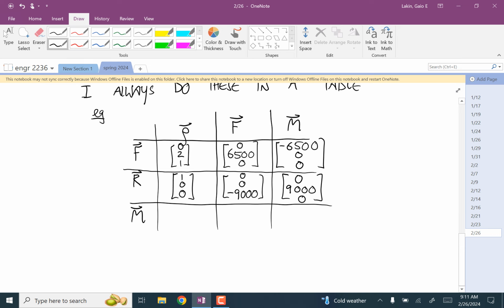And now when you're given pure moments, these are couples. Those are just moments that you add on and they don't depend on the about point. So we're going to forget about all this stuff and just put in whatever the moment component is.